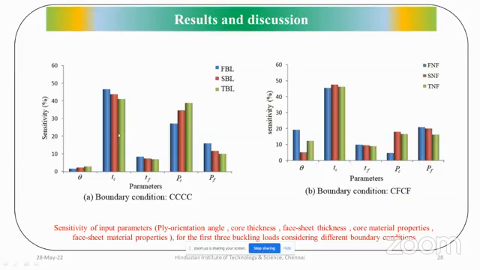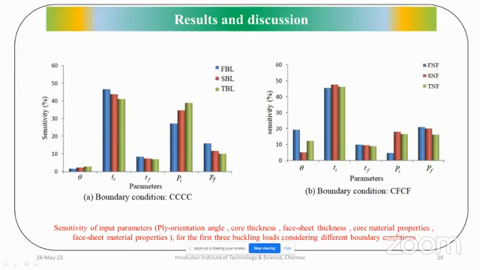The core thickness is the most prominent parameter, which plays a vital role in the overall response of the structure, whereas the ply orientation angle theta is the least prominent parameter, playing the least importance in the overall response of the structure.